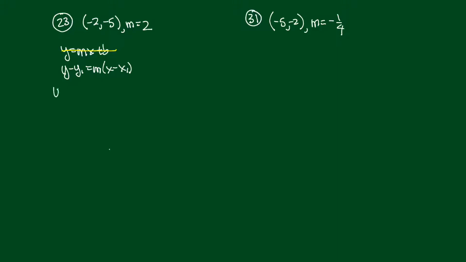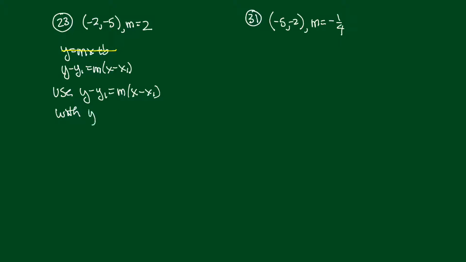So here's what I'm going to do. I'm going to tell you exactly what I'm going to do here, every step. I'm going to use y minus y1 equals m times x minus x1. What do you need in here? You need y1. Do you have y1? Yeah, I got a first y value. It's -5.